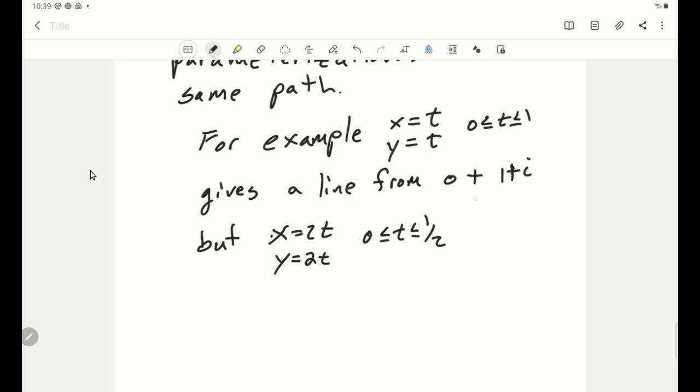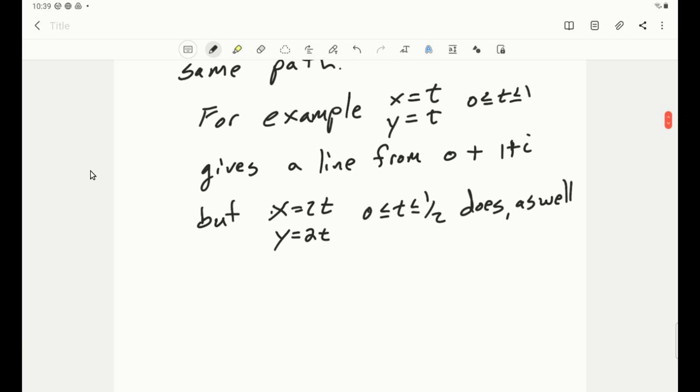Okay, so both of those are a straight line from 0 to 1 plus I. So it's the same path, it's just different parameterizations.